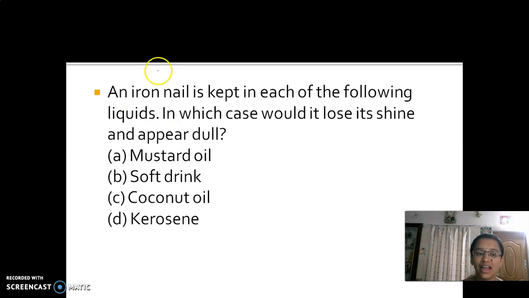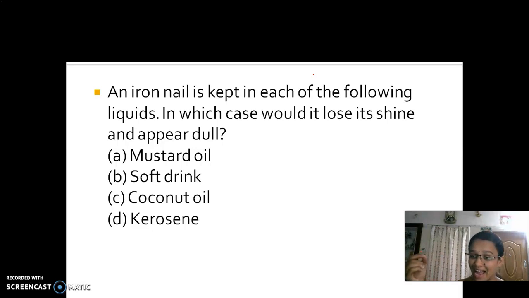Look here. An iron nail is kept in each of the following liquids. An iron nail has a shiny appearance. In which case would it lose its shine and appear dull? We are taking an iron nail and placing it in mustard oil, soft drink, coconut oil and kerosene.